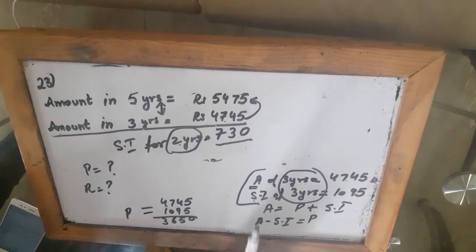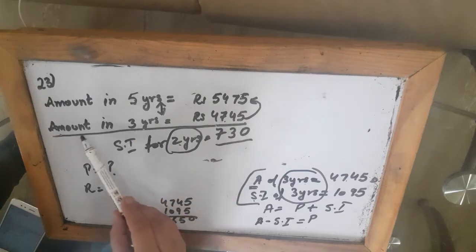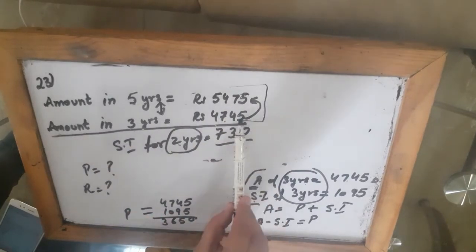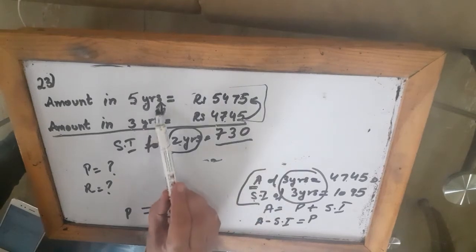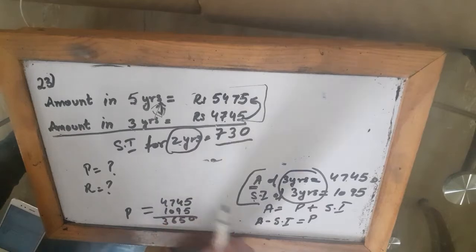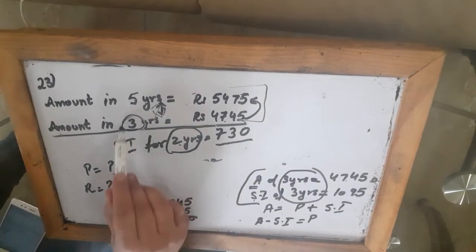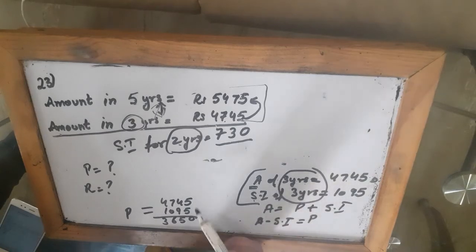So first of all I found the simple interest by subtracting these two, because I know the amount of 5 years and the amount of 3 years. By subtracting this I get the simple interest of 2 years, because there is a 2-year gap. But I want the simple interest of 3 years because I have to work on the same year of amount and simple interest.